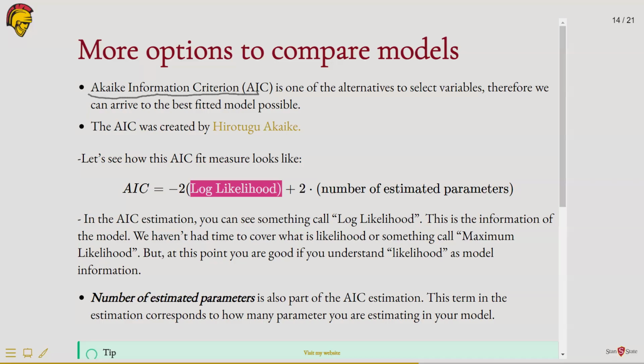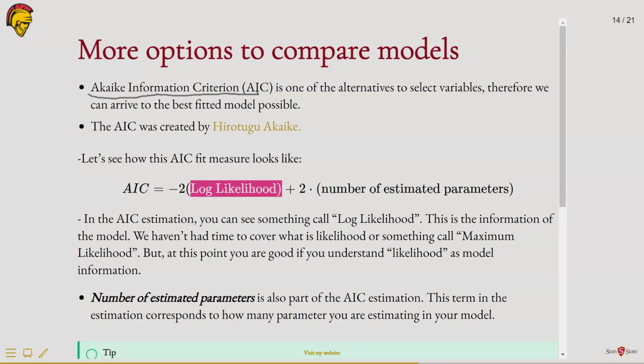Likelihood is another metric for probability. And how it works is that it provides an indicator, well, it's like information of your model. How good is your model to understand the data? So it's more like information, right?